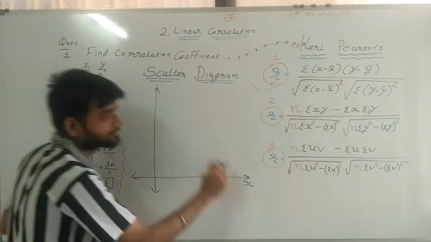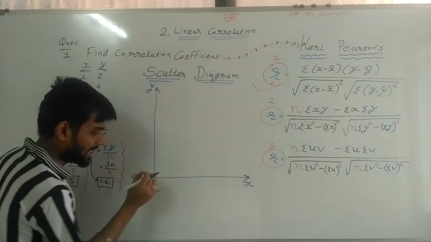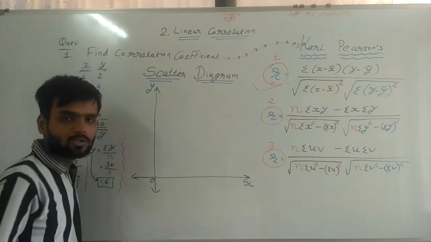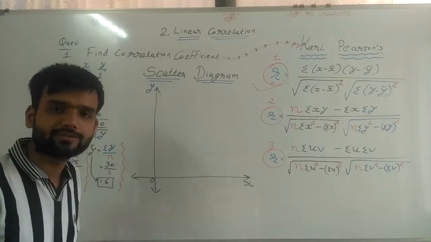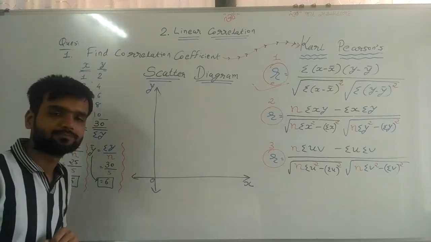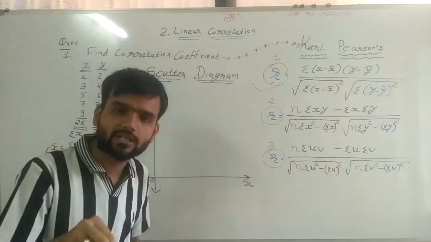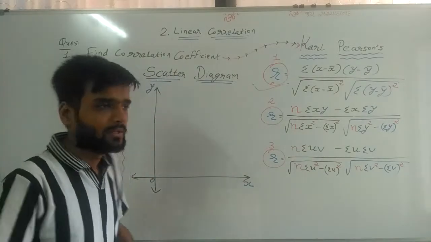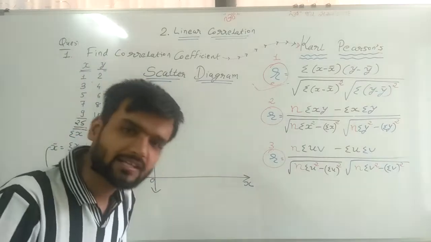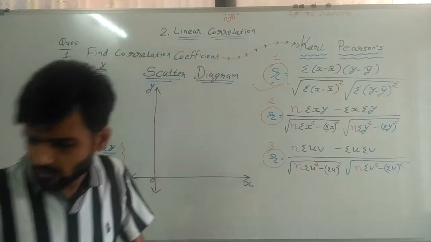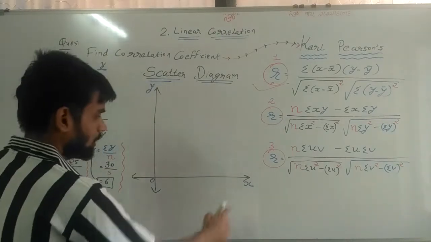This is x, this is y, and the starting point is the origin point, O. Now on the x-axis we are plotting values of x, and on the y-axis we are plotting values of y.